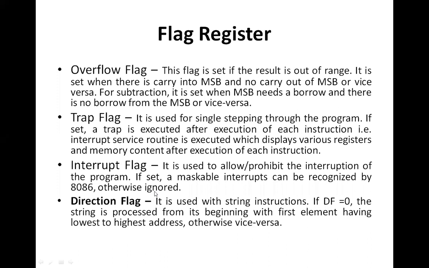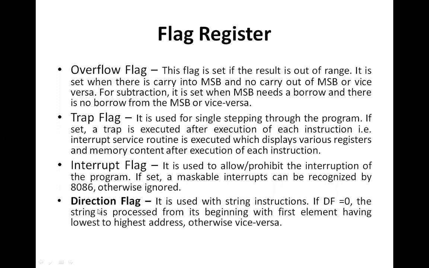In 8086, there is only one interrupt line, that is INTR. And this line will work only if it is enabled. Any device which wants to interrupt can interrupt the processor only through the one line, that is the INTR line. So this is the meaning of interrupt flag.